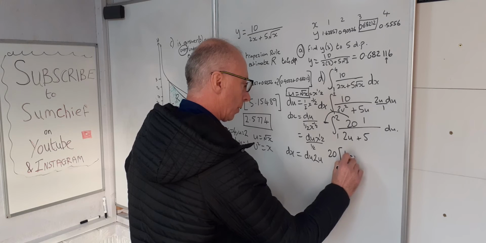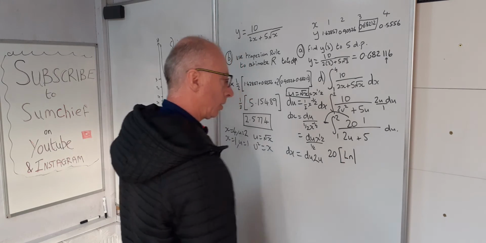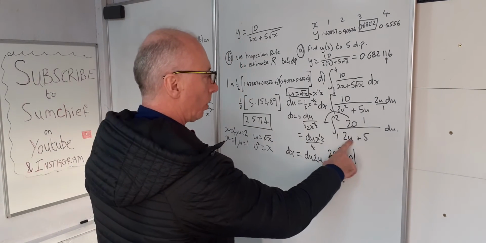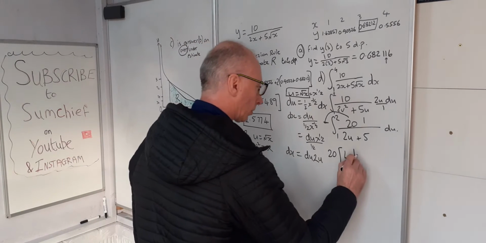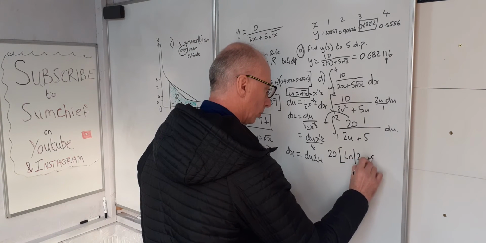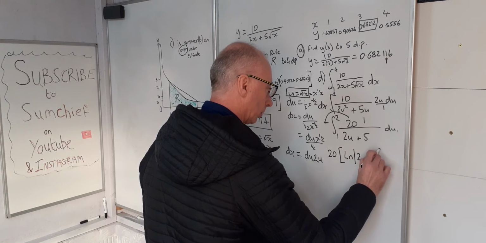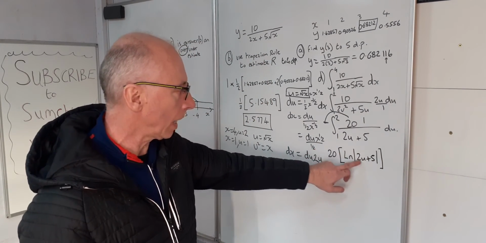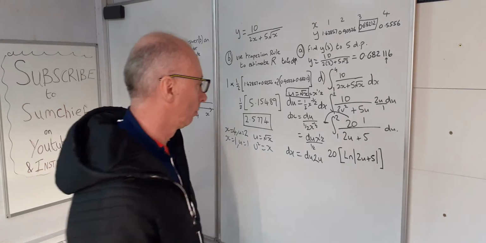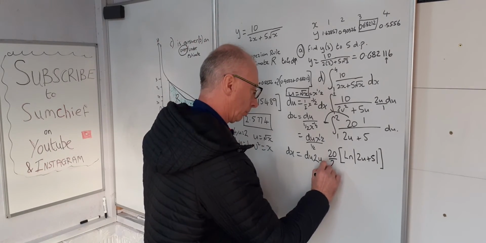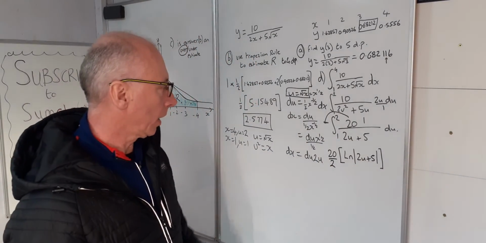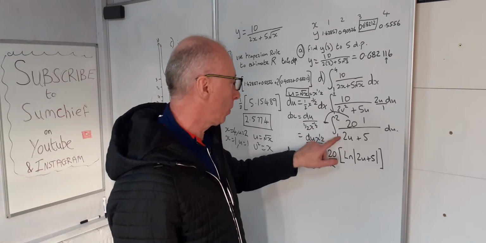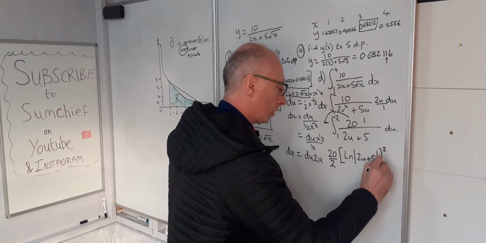So natural log, absolute value, 2u plus 5. And not forgetting that it's a 2u, so we now need to divide by 2. Okay, and then our parameters of integration, 2 and 1.